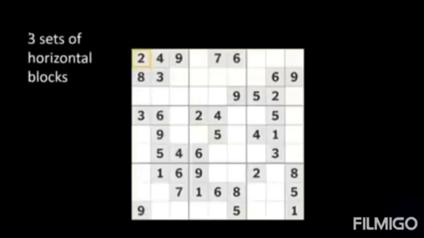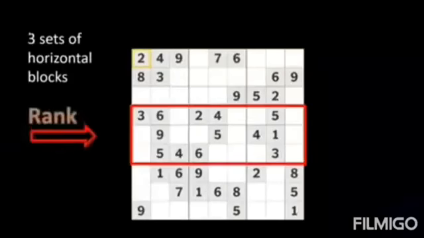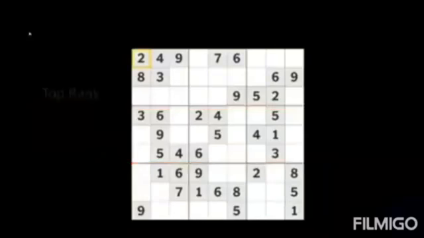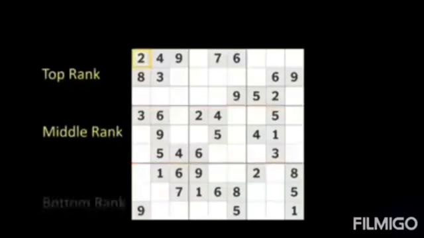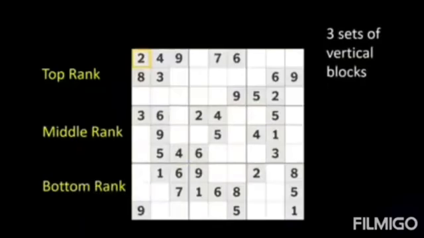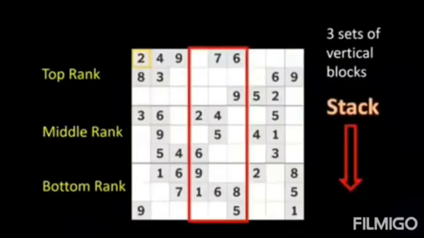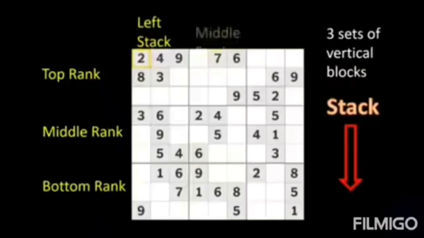To review, a 9 by 9 Sudoku has 3 sets of horizontal blocks called as rank: top rank, middle rank, bottom rank. It has 3 sets of vertical blocks known as stacks: left stack, middle stack, right stack.